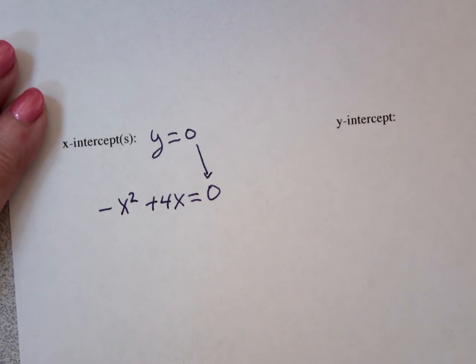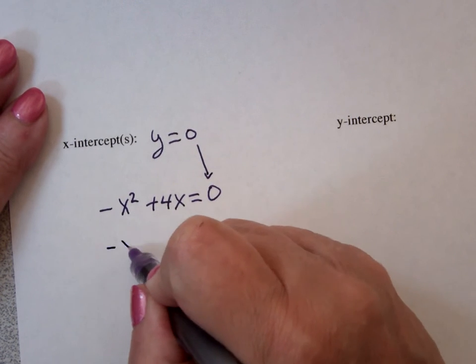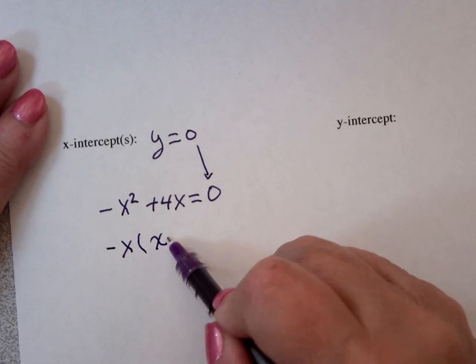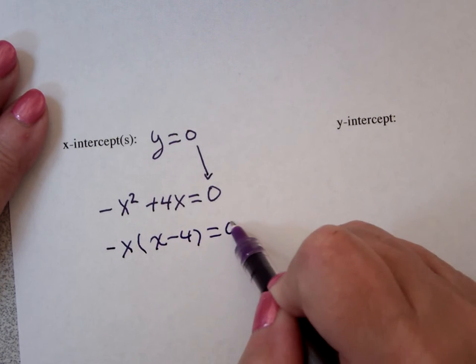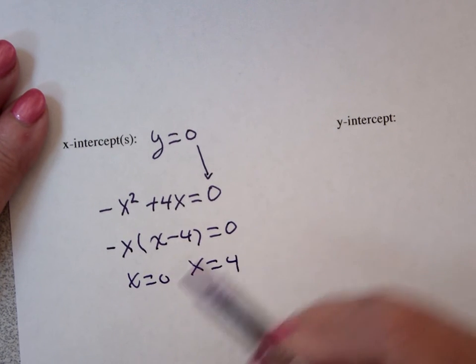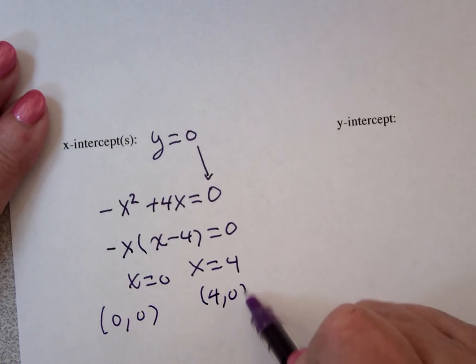Factor if possible, or quadratic formula if not. So there's a greatest common factor, and I'm going to take a negative x because the leading coefficient is negative. This is going to give me an x minus 4. So x is 0, x is 4. So I have 0, 0, and 4, 0.